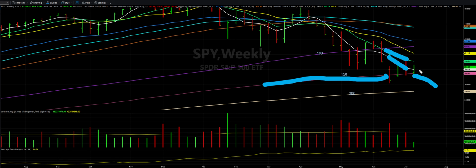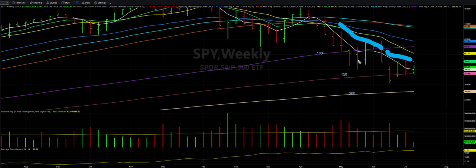Well, I'm sorry, we did not get above the downward trending green 8-week moving average. Sorry about that. We know that thing has given us problems before. But we did find support at the 150-week moving average for the SPY. I will hand it that much.